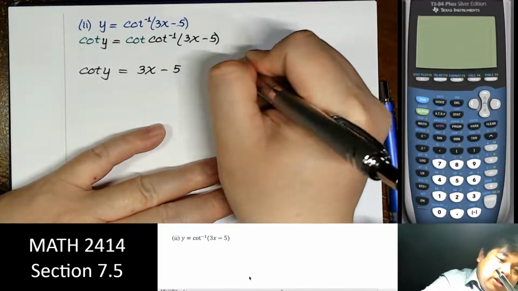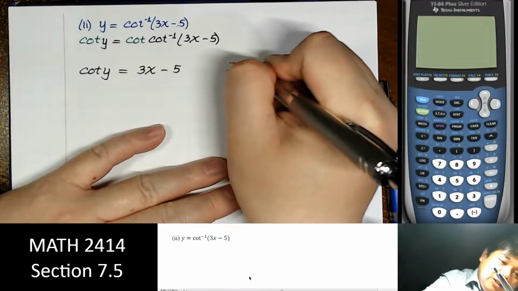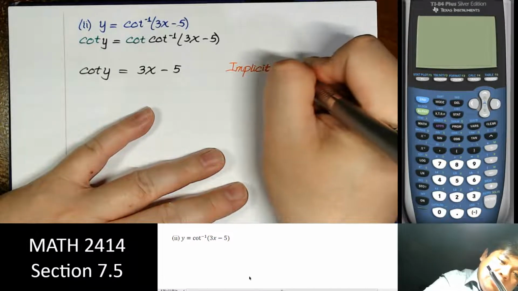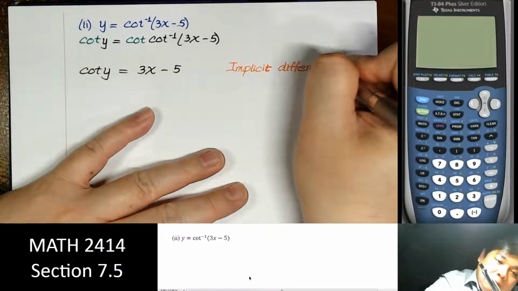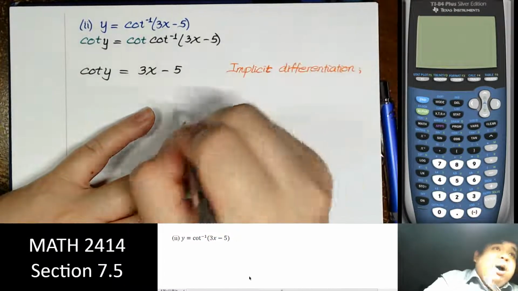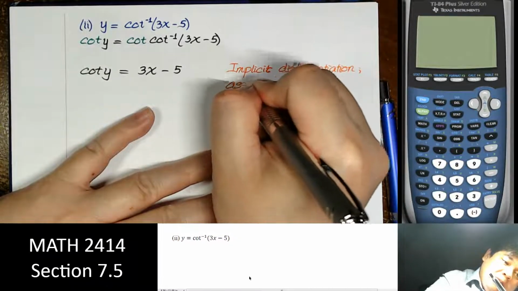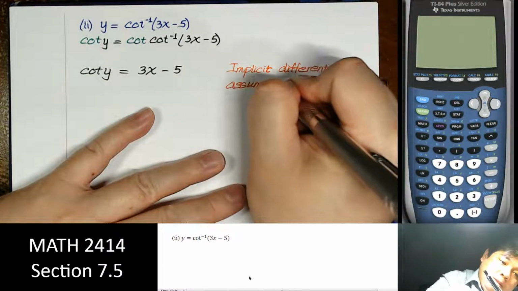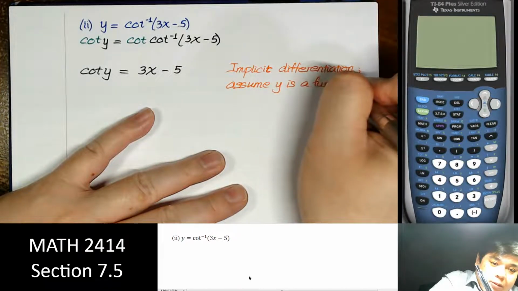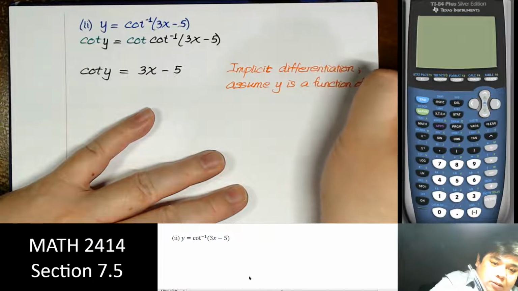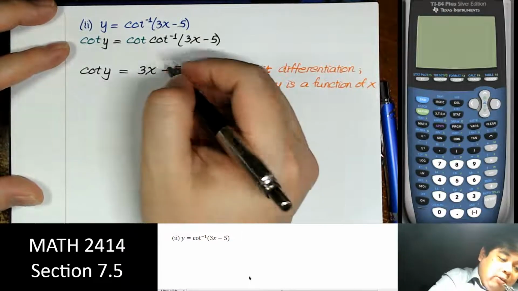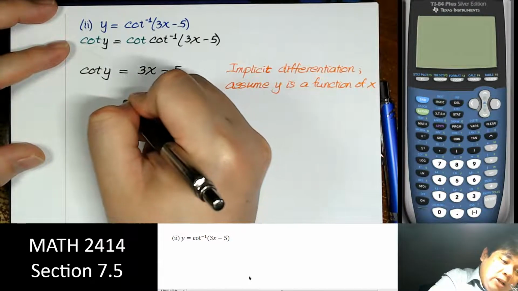That will be the same thing, implicit differentiation, where we assume that y is a function of x. And then we take the derivative of both sides. The derivative of 3x minus 5 is just 3.